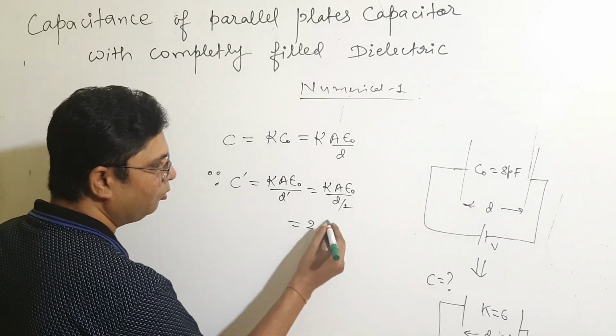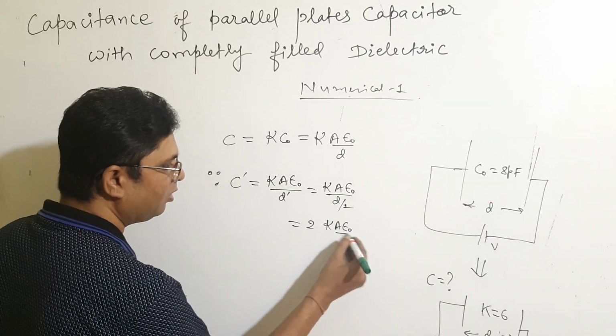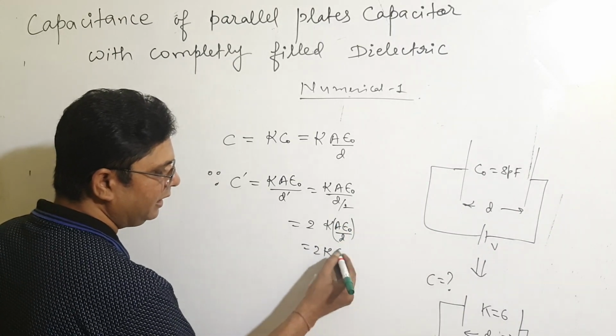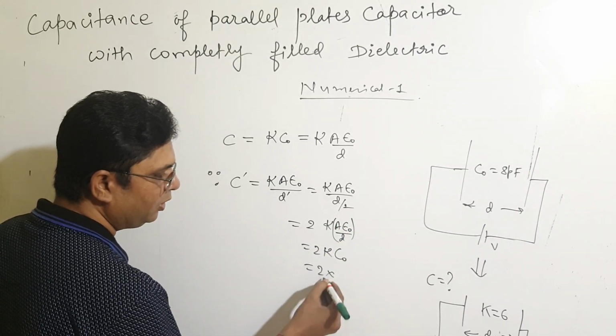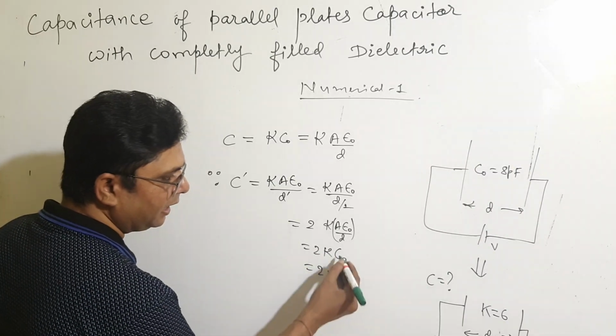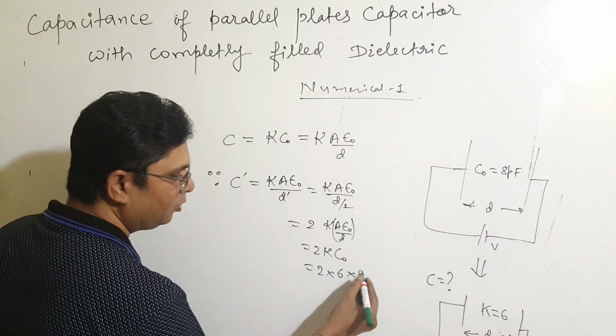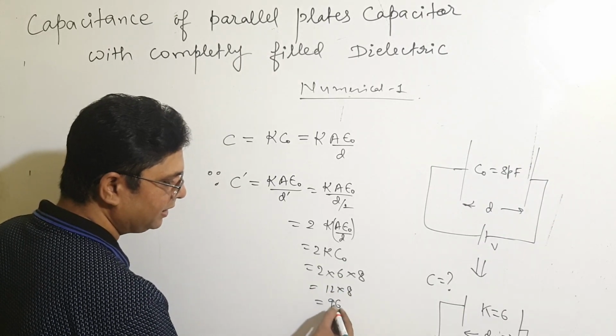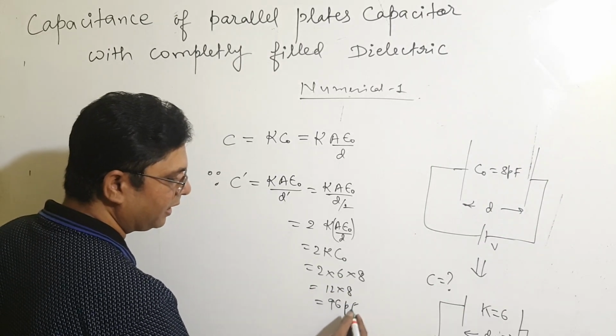So you have 2 K A epsilon naught upon D, and A epsilon naught by D is C naught. So it is 2 into K, which is 6, and C naught is 8. So 2 into 6 is 12, into 8, which equals 96 picofarad.